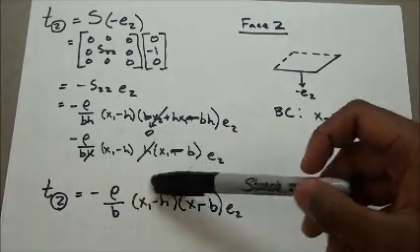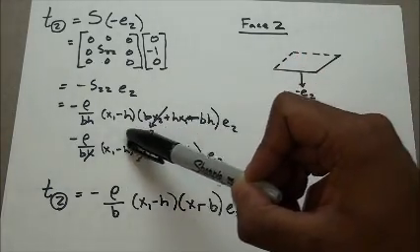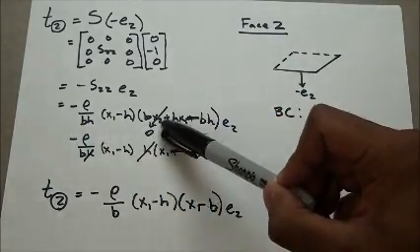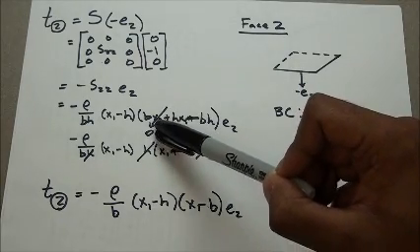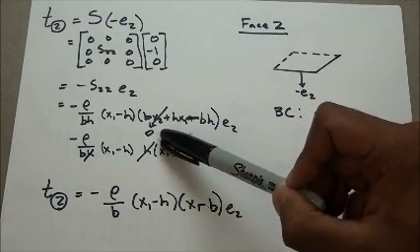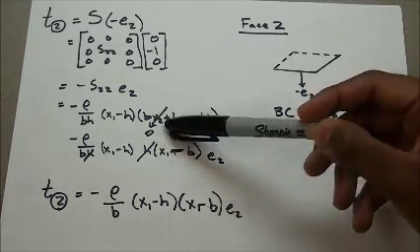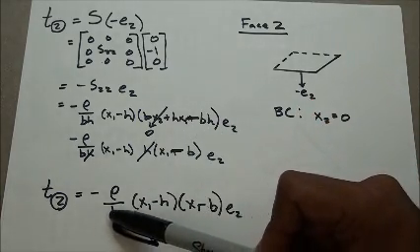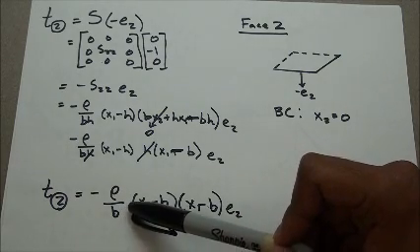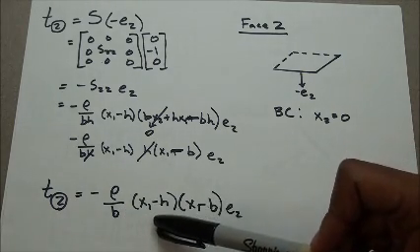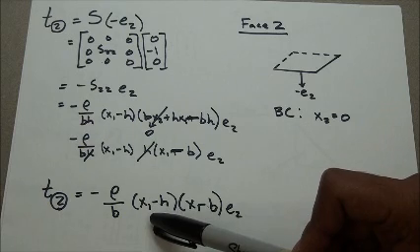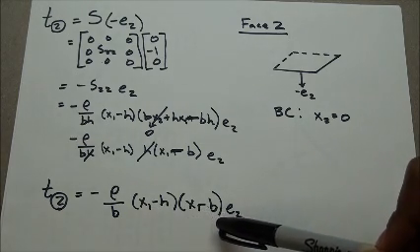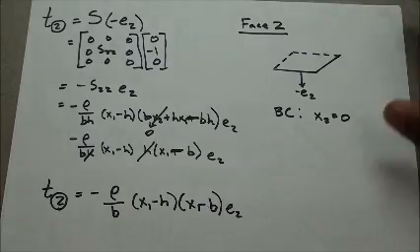We plug in the value for S22 and set x2 equal to 0 from our boundary conditions, and end up with the traction on face 2 equaling negative rho over b times x1 minus h times x1 minus b in the E2 direction.